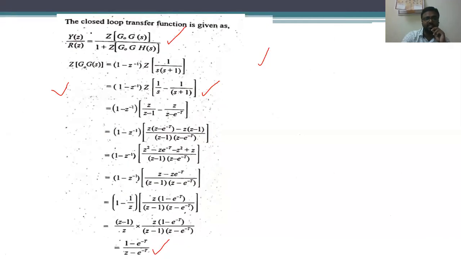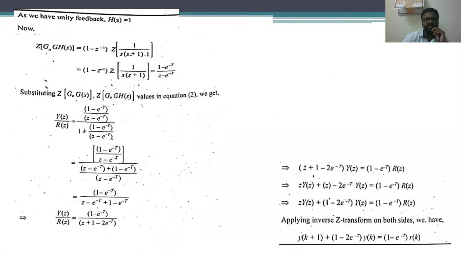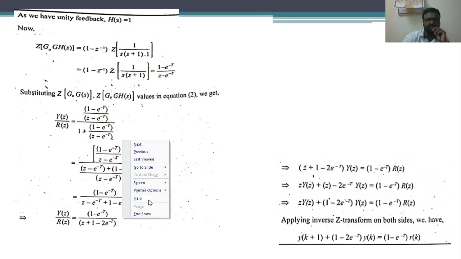Sorry, initially what we have is not the pulse transfer function; it is just the Z transform of G naught into G of S. So just substituting the value of Z transform of G naught into G of S in this expression, we get 1 minus e power minus t divided by Z minus e power minus t, divided by 1 plus 1 minus e power minus t divided by Z minus e power minus t.